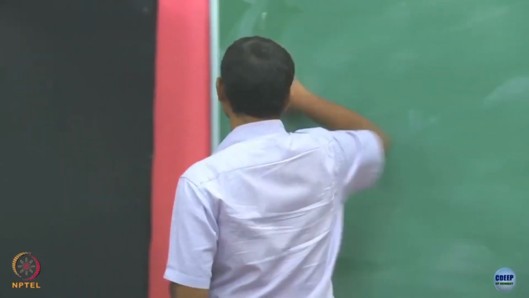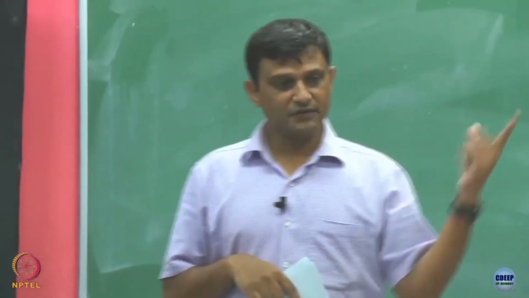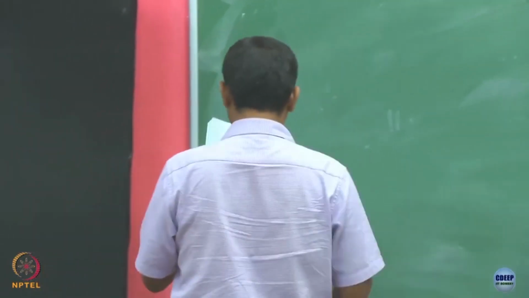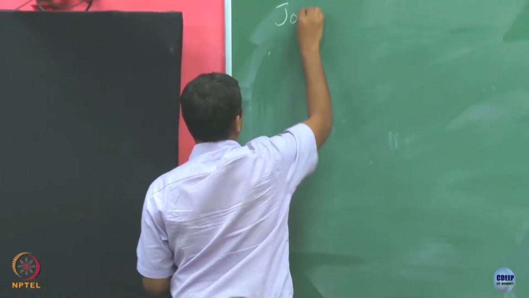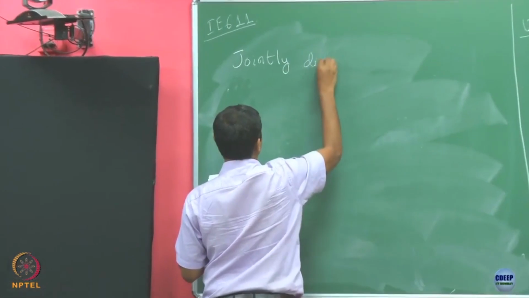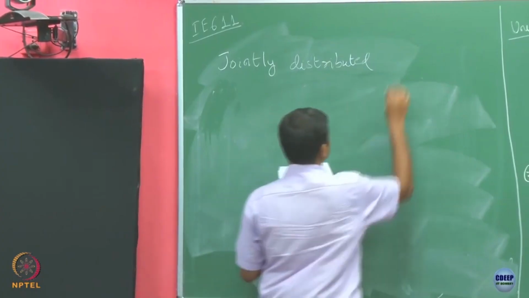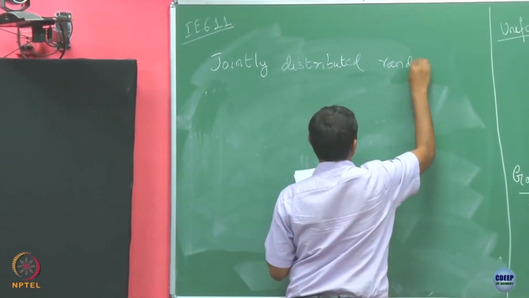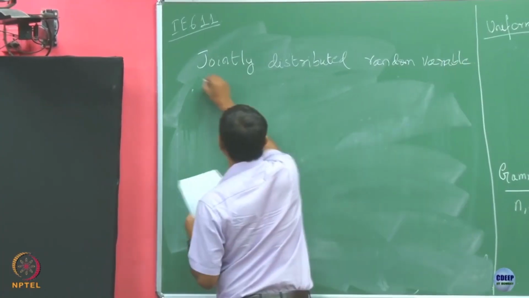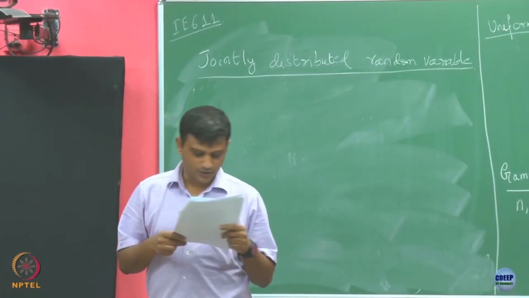So for that, in any experiment where we have multiple random variables, we need to define the joint distribution, and now we are going to study that: jointly distributed random variables.